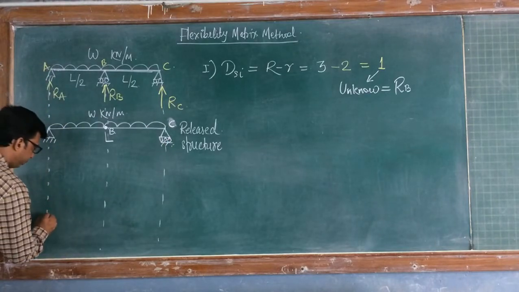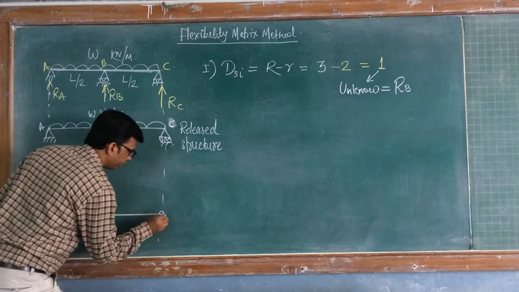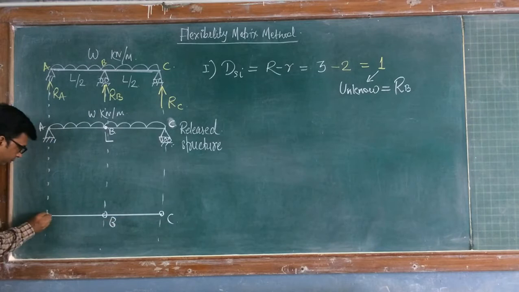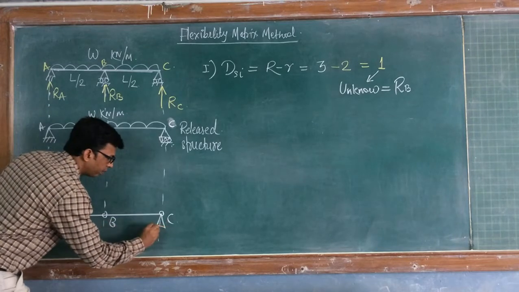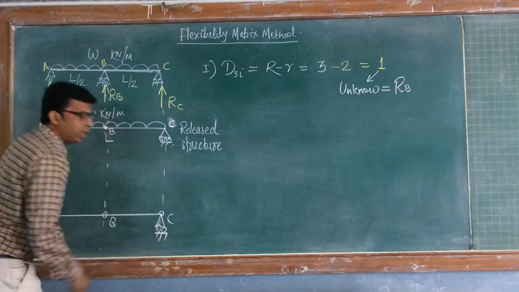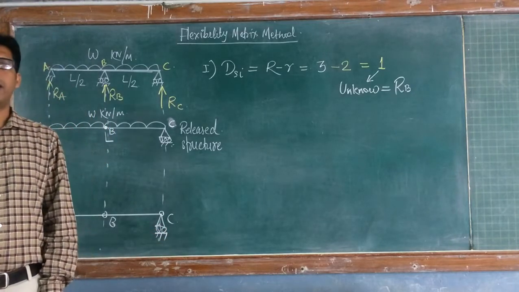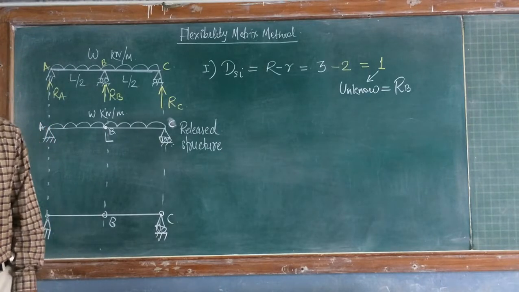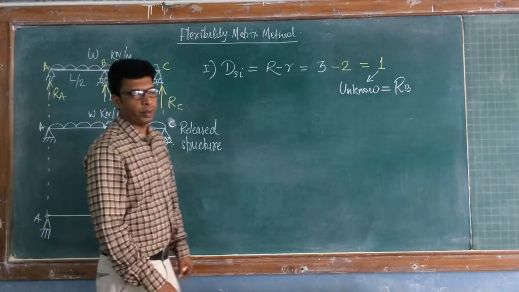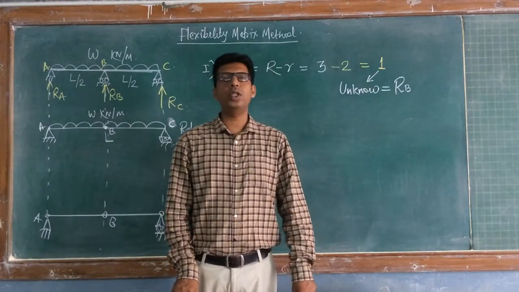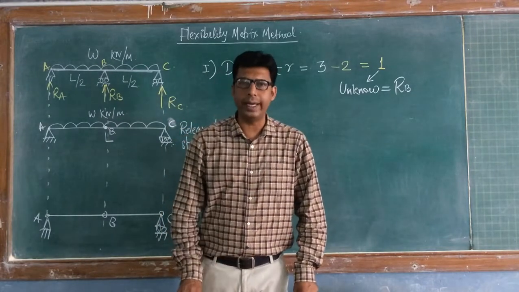We have to remove all external load and apply a unit load at point B because RB is our unknown. Always apply the unit load in the positive direction.